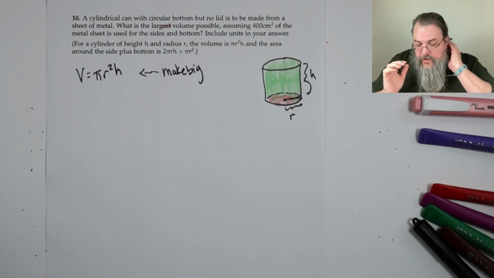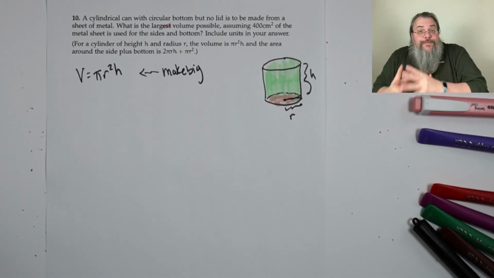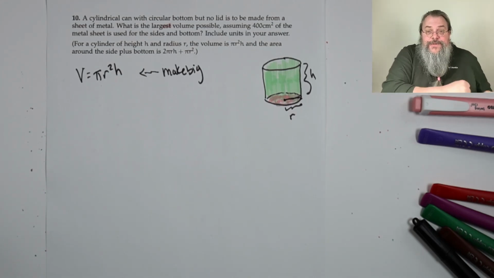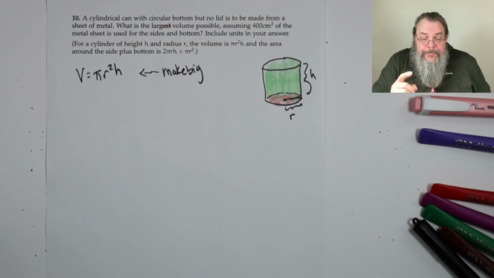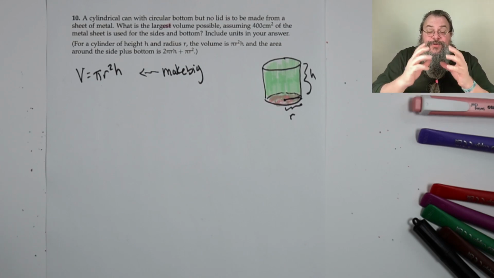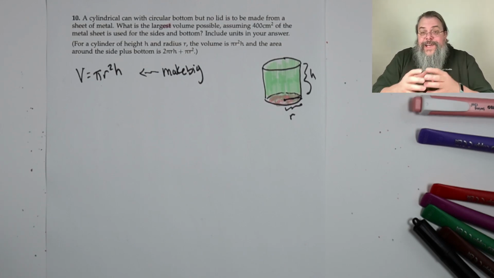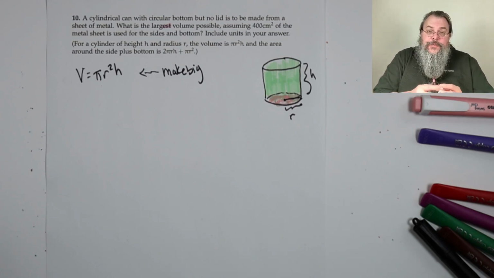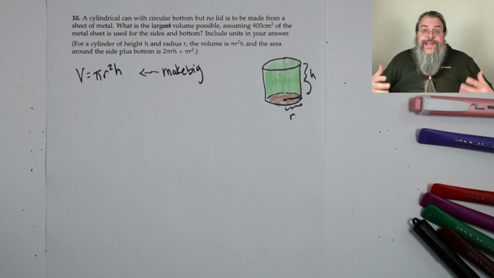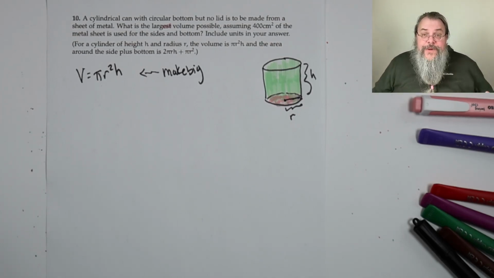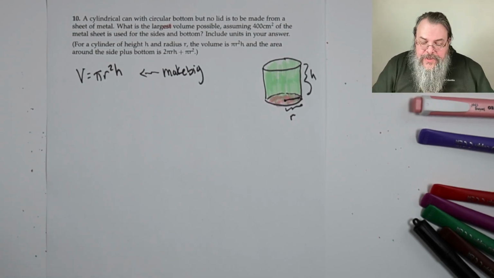All right, okay, good. Now, what's our problem? We cannot jump to derivatives yet because there's 2 variables, r and h. We need to get down to 1 variable because that's like the name of our class. Single variable calculus, not 2 variable calculus. So that's where other information comes in.